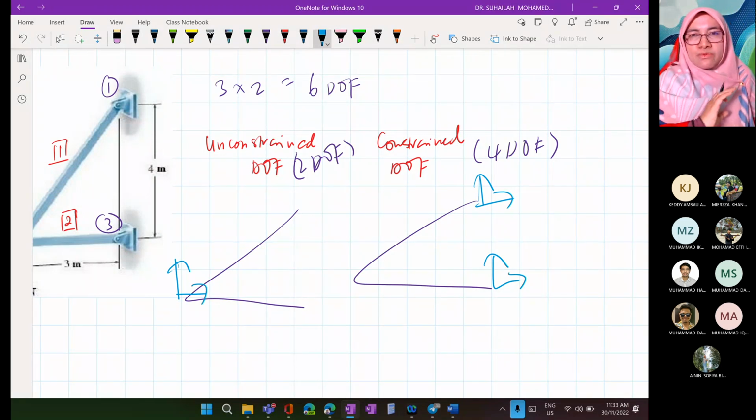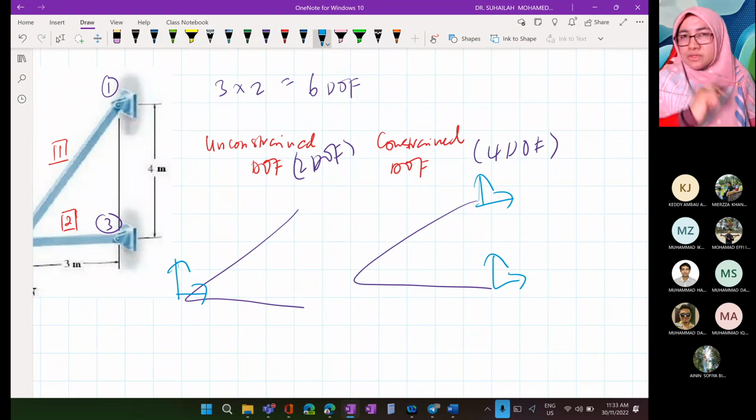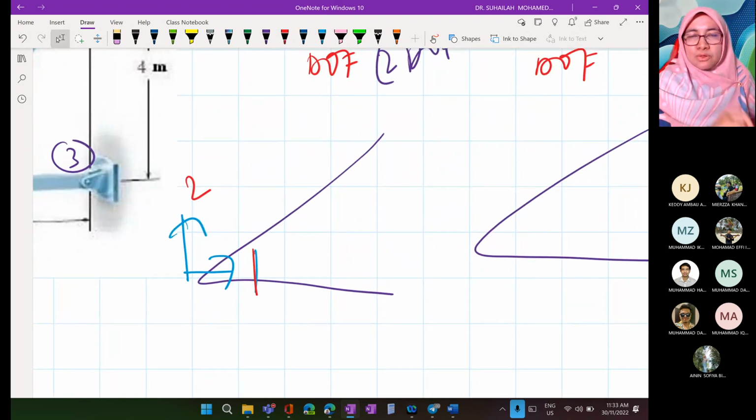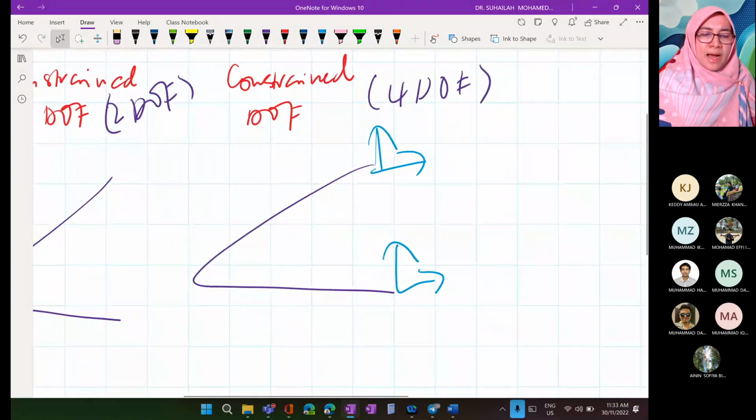We always do this every time we analyze either a frame, a truss, or a beam. We sketch it separately so that we do not make mistakes, because we need to label starting from unconstrained. So label starts with 1 and 2 in the unconstrained system, followed by 3, 4, 5, 6.